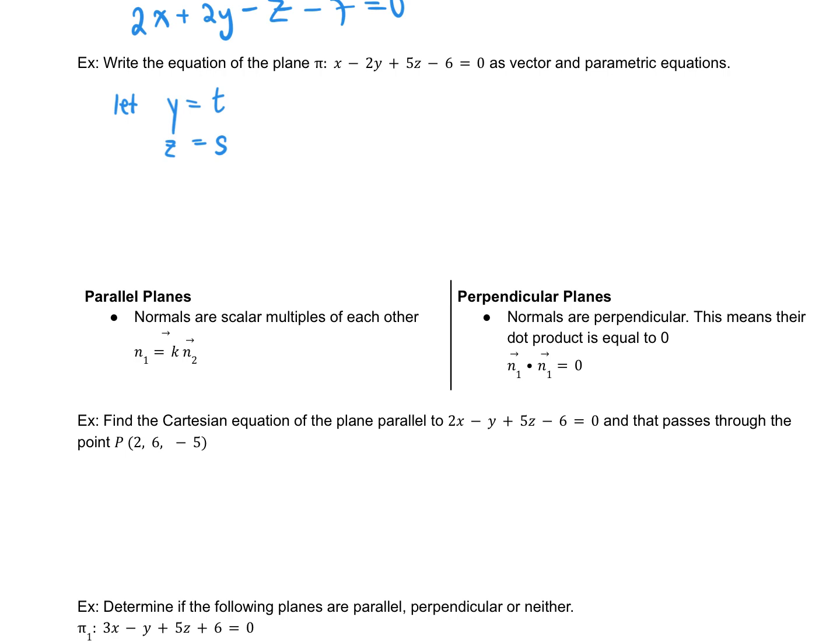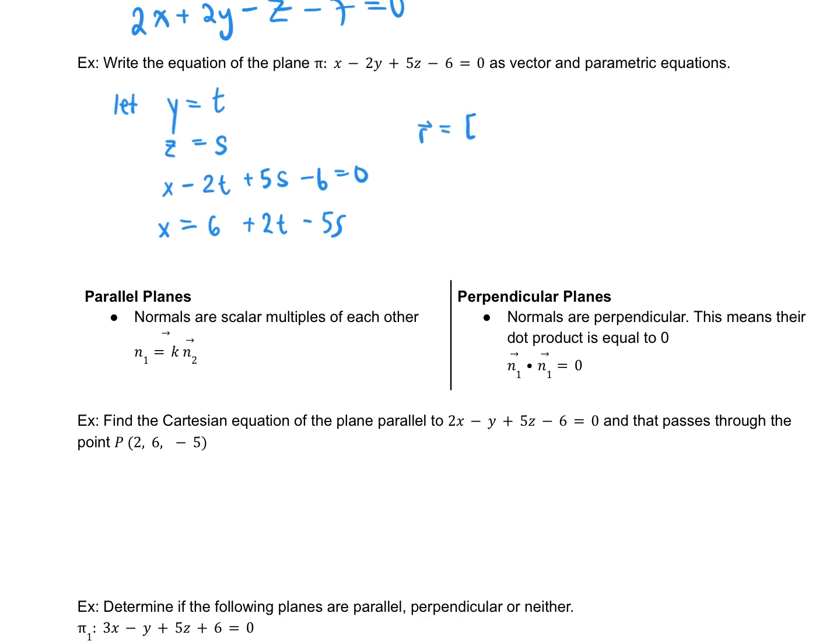To find x, I'm just going to replace y with t, z with s, and now I'll bring everything over, and I'm going to put the constant first, so 6, and then plus 2t minus 5s, and there's my third parametric equation. So I have three parametric equations, and now I can find my vector equation.